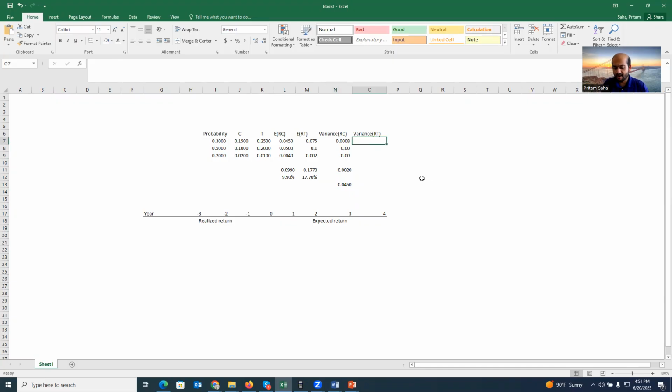Do the same thing for RT. So your specific return on that state of the economy minus your expected return, square, times probability, okay? Similar way. Specific return on the economy minus expected return.